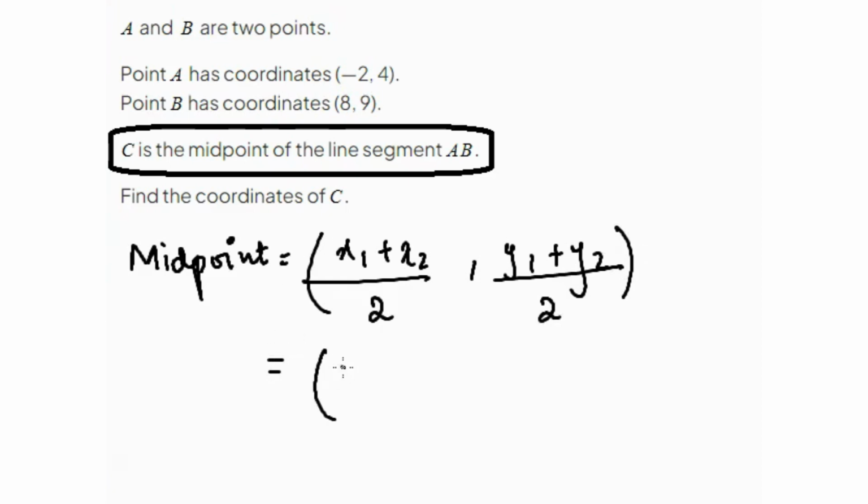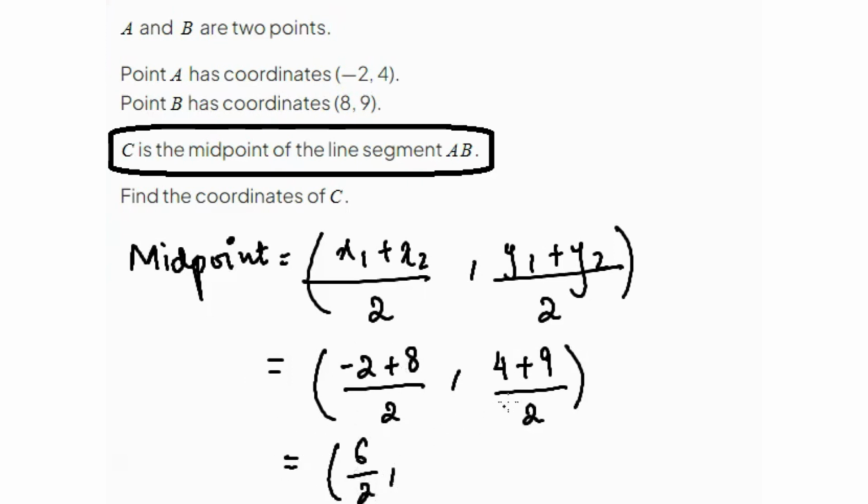So that's going to be -2 plus 8 over 2 and 4 plus 9 over 2. -2 plus 8 is 6, so 6 over 2. 4 plus 9 is 13, 13 over 2. Since 6 over 2 can be simplified to 3, it's going to be 3, comma, 13 over 2. That is your midpoint of AB and the coordinates of C.